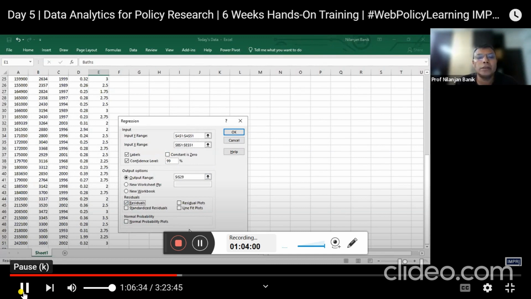Two things. First, the sum of the residual should be equal to 0. Second, to test for endogeneity, I can multiply any one of the x by the residual, and the summation of x multiplied by residual should also be 0.